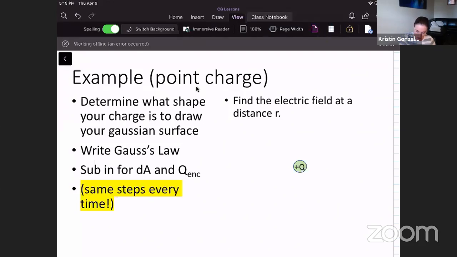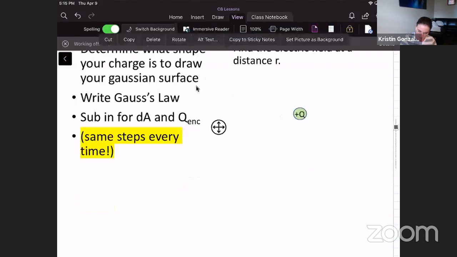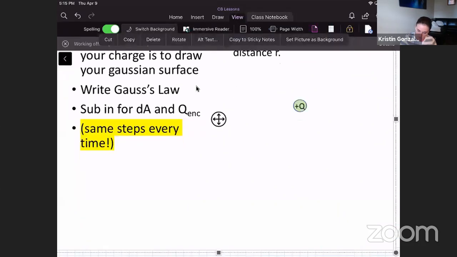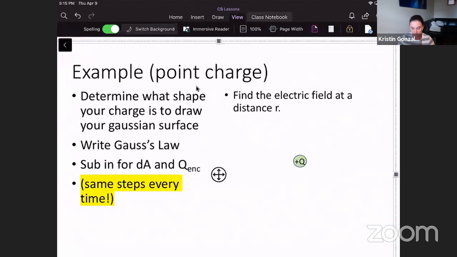Because we want to know, let's just say that I want to know what the electric field is at this point here.